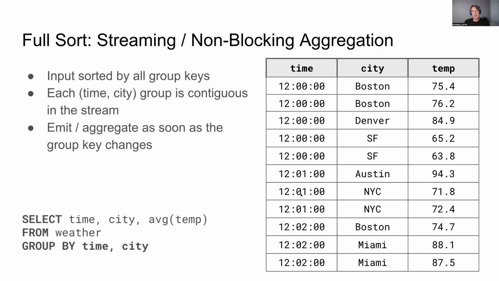Now let's move on to something slightly more interesting, and maybe slightly less obvious: aggregation. Typical aggregation in a database system requires finding all the rows that have the same grouping key, then computing the aggregate across all those rows and emitting one row per grouping key. Now, if you can guarantee that your input is contiguous, such that all the values for a particular grouping key are next to each other in the input, you know as soon as you see a new grouping key that you can emit what you've currently buffered.